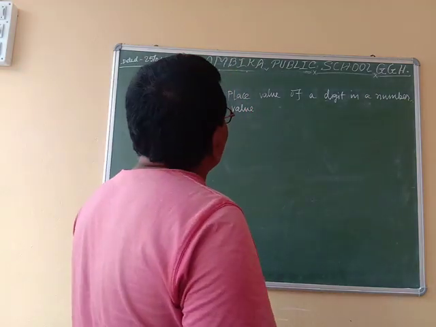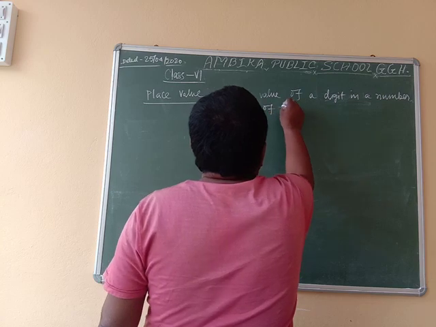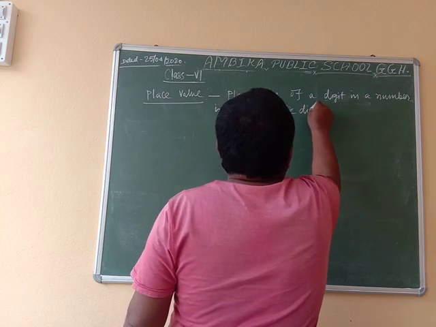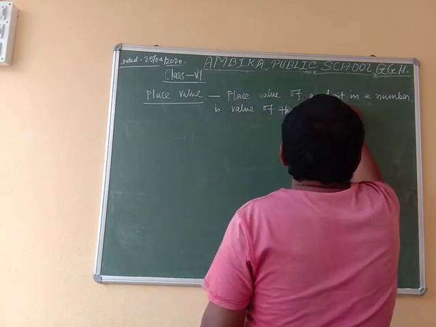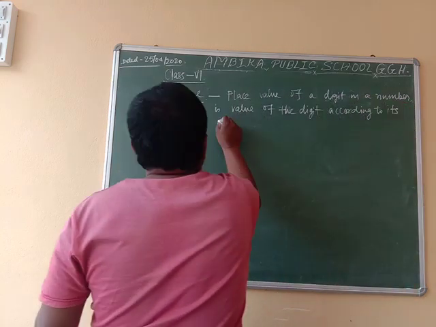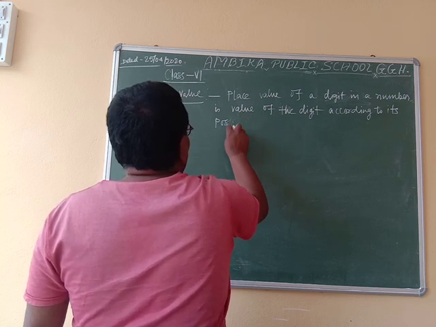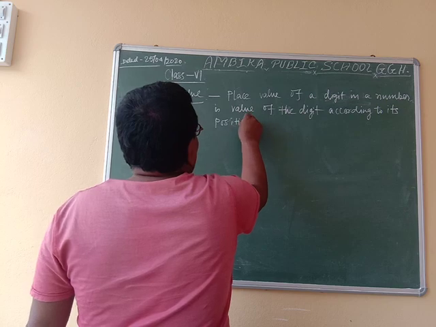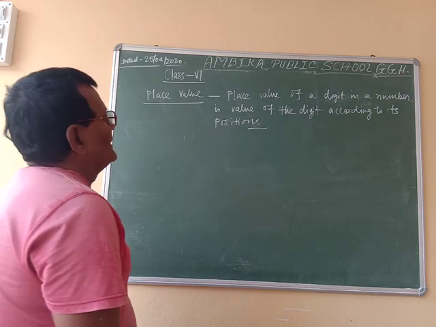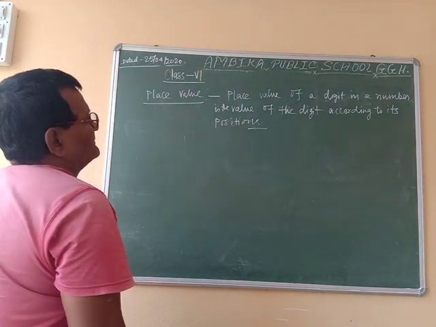Place value of a digit in a number is the value of this digit according to its position.